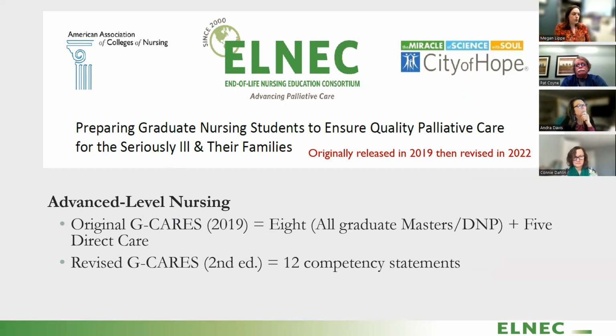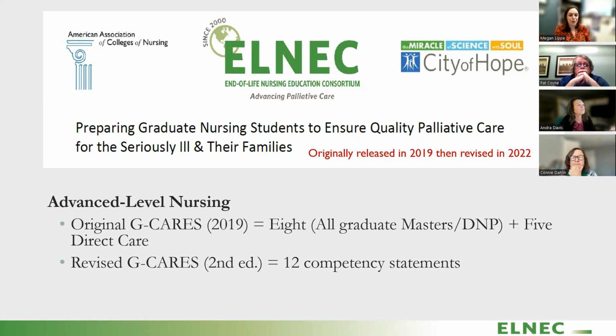So those of you who might have been familiar with GCARES, originally it was structured with 8 competence statements for all students, whether they were masters or DNP. And then there were 5 additional statements for those in direct care. So not necessarily for those maybe in a leadership program or a nurse education program, but those who were more training for APRN roles.